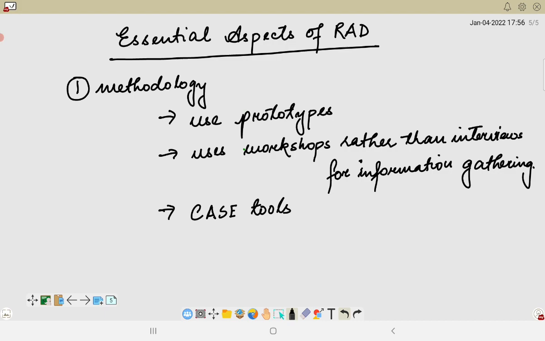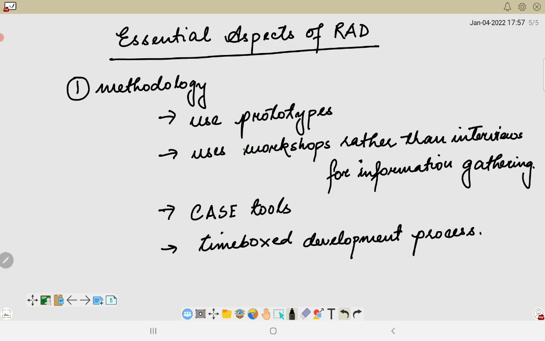And it also involves a time boxed development process. A time boxed development process has a proper timeline and proper planning associated with it, and everything is documented.